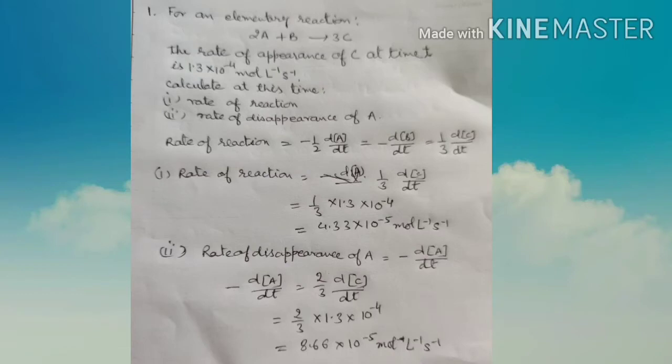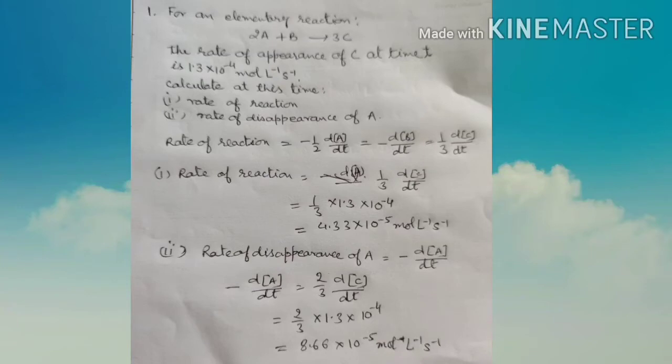Now you know the rate of the reaction can be represented either by taking the reactant or the product. So first we can write the rate of reaction, that is change in concentration divided by time taken. For the reactant we write with the negative sign because rate cannot be negative. So this is -1/2 dA/dt, that is divided by the stoichiometric coefficient, equal to -dA/dt, equal to 1/3 dC/dt.